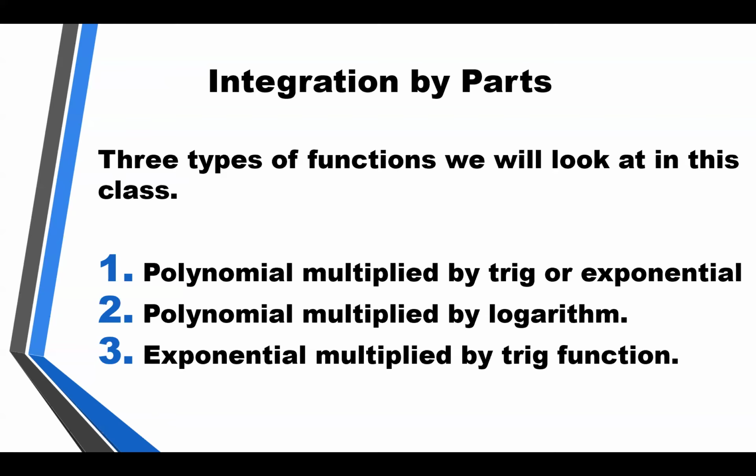And then the third type is going to be what happens when we have an exponential function multiplied by a trig function. So all three of these are going to be treated a little bit differently. I shouldn't say differently. We're always going to have an f prime and a g, but which one we call the f prime, which one we call the g is going to be important.